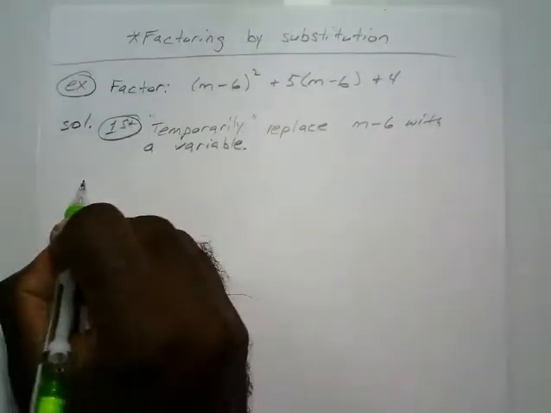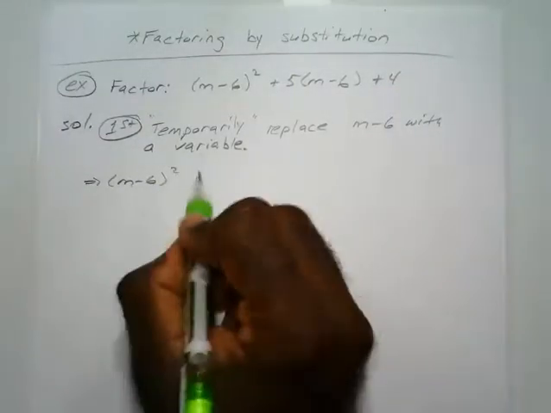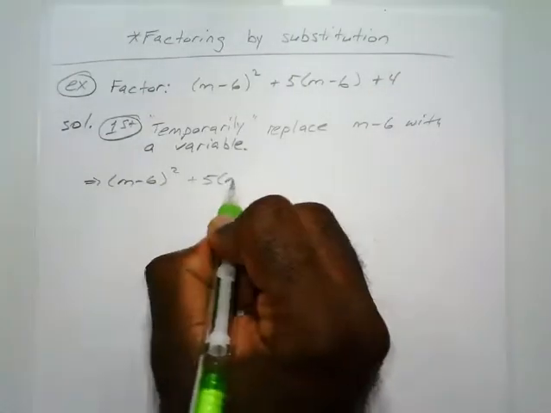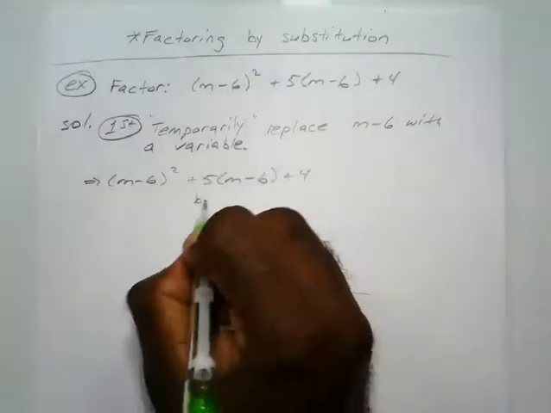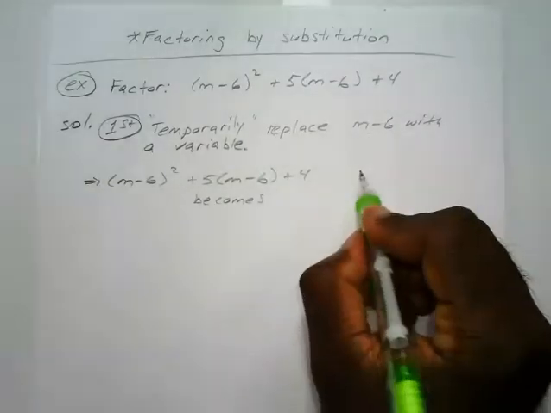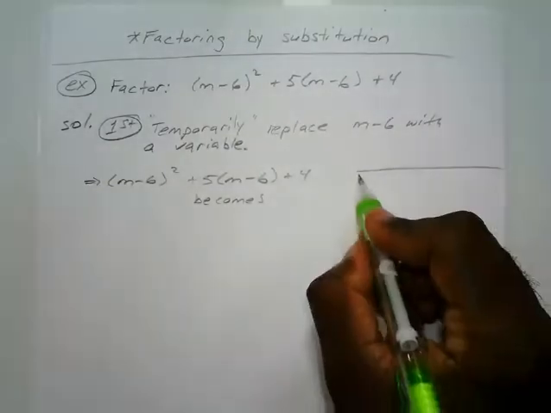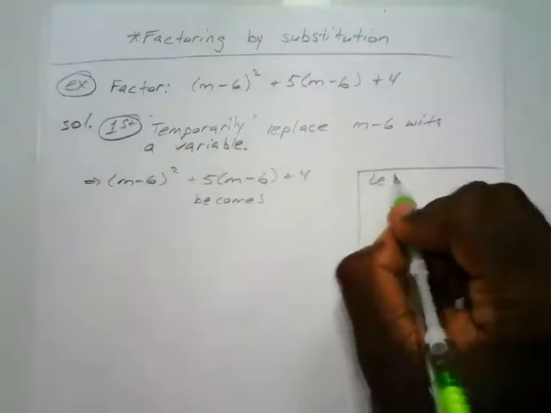So that means our m minus 6 squared plus 5 times m minus 6 plus 4 becomes, and this is where we're just going to let x equal m minus 6.